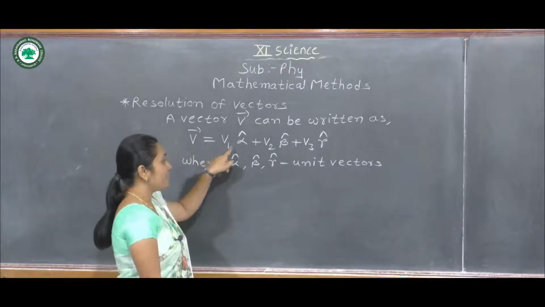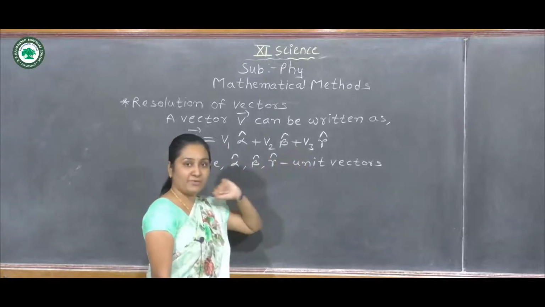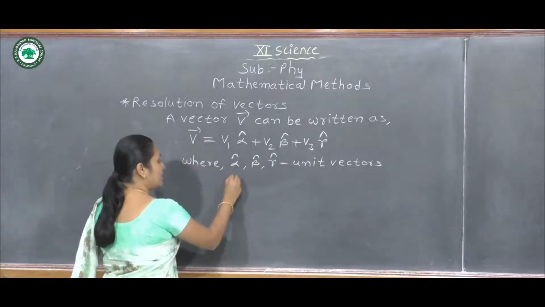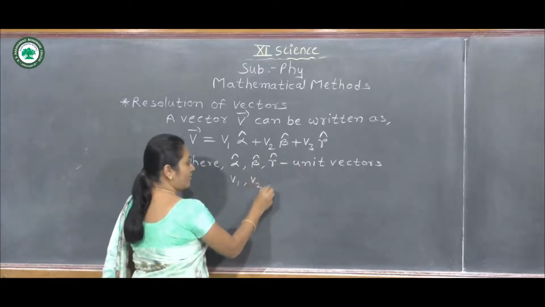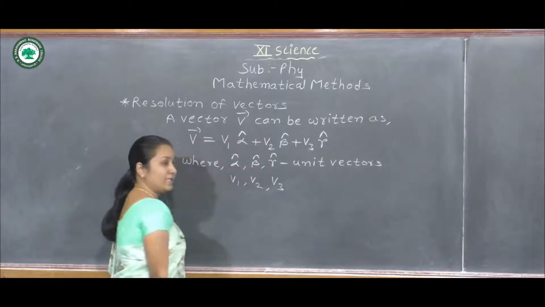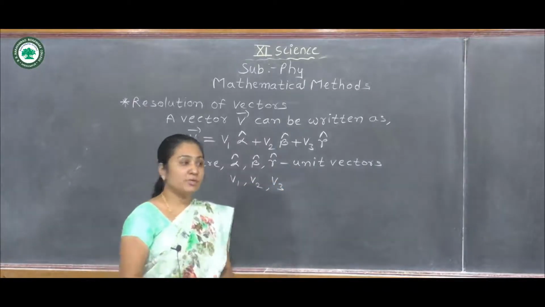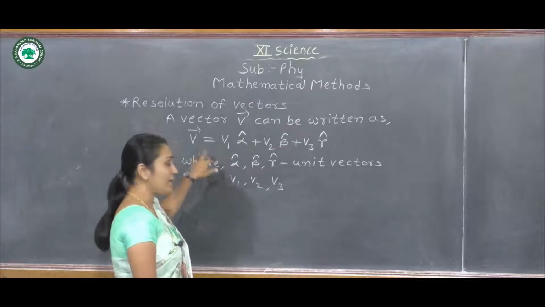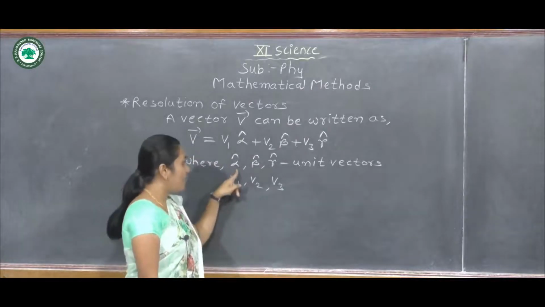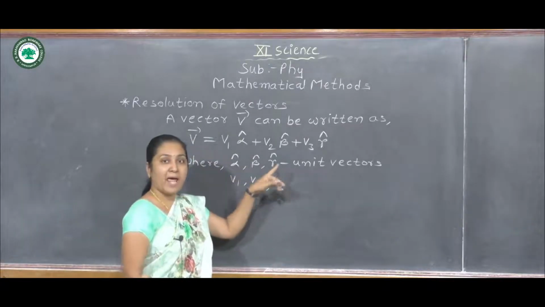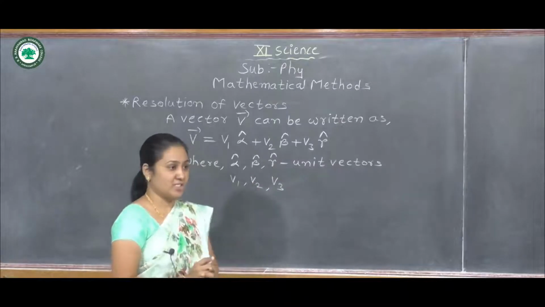And V1, V2 and V3 are the components of vector V bar along alpha cap, beta cap and gamma cap directions.